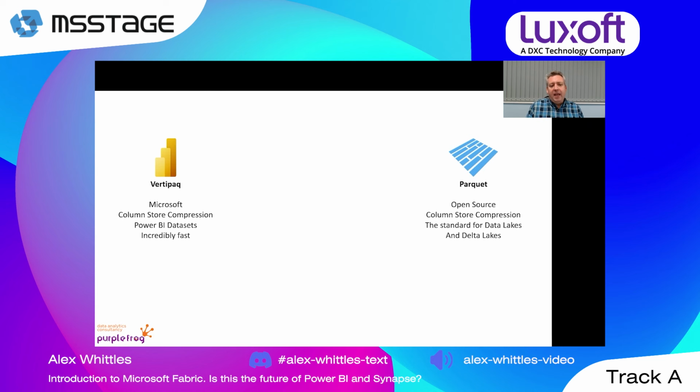The Parquet open source format allows you to change and tweak the internal compression algorithms inside those Parquet files. So what happens if we combine the open source functionality, interface, and nature of Parquet files with the internal compression algorithm of VertiPaq?